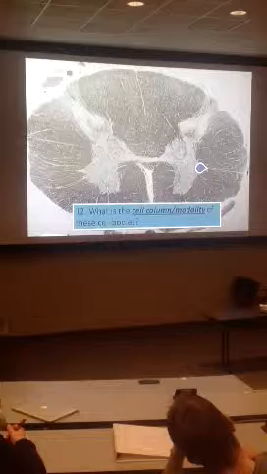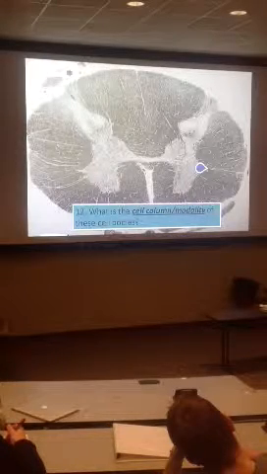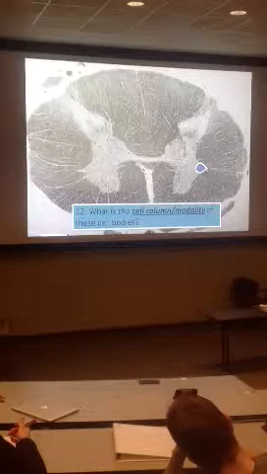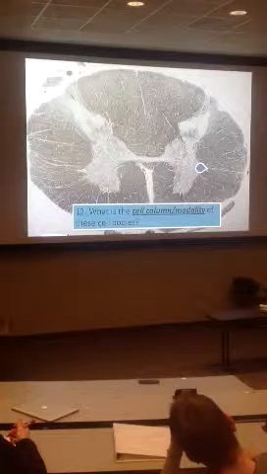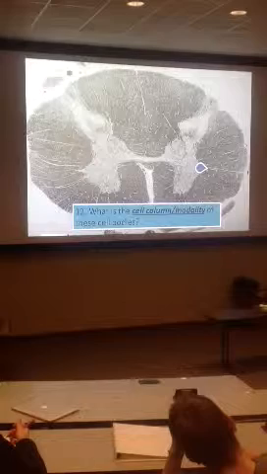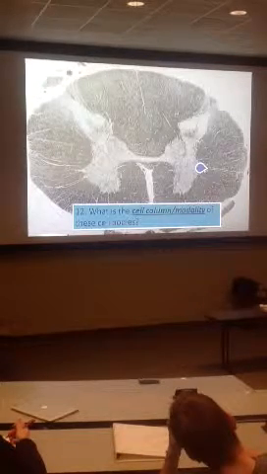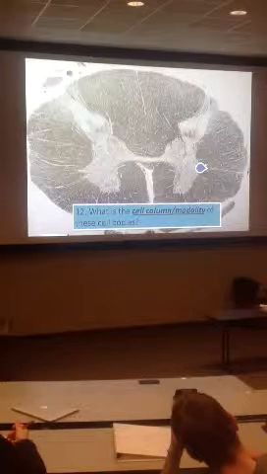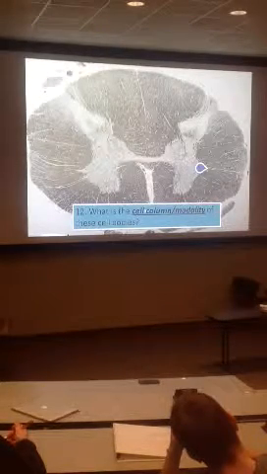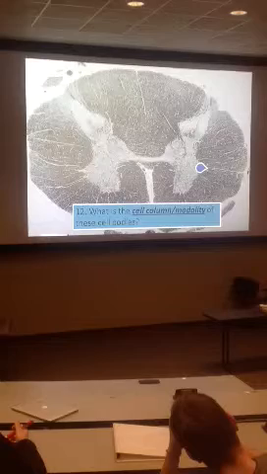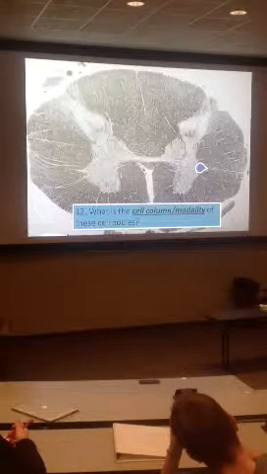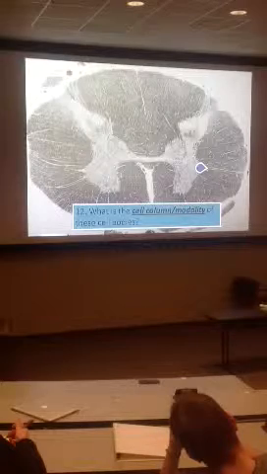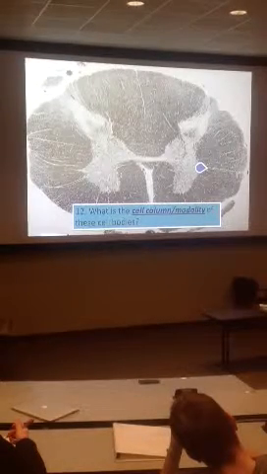No, it's asking for the modality or the cell column. It's GVE, right? General visceral efferent. So this is the intermediate cell column, right? So this is sympathetic coming out, so this is visceral efferent. So general visceral efferent would be the cell column or the modality, because the cell column is going to run from L1, L2 all the way up to thoracics, right? So C8 to T1.